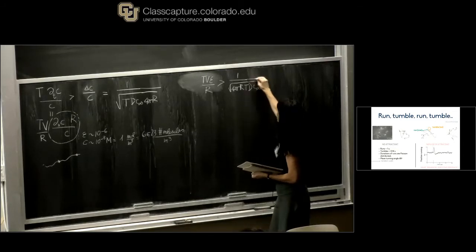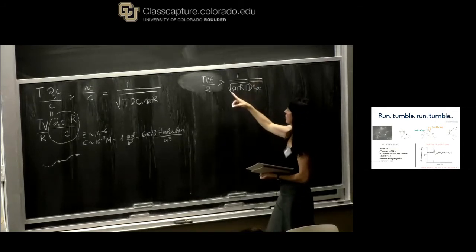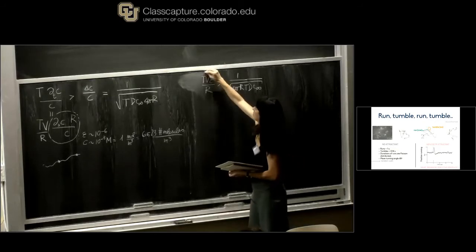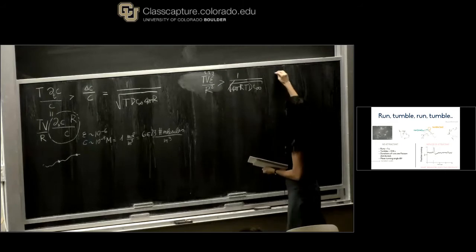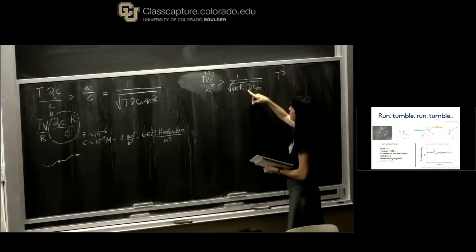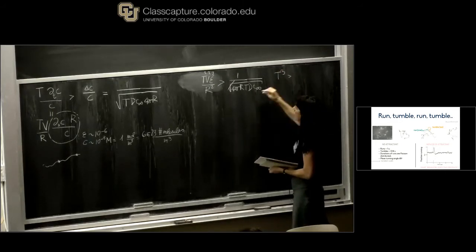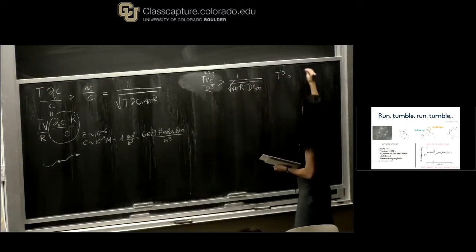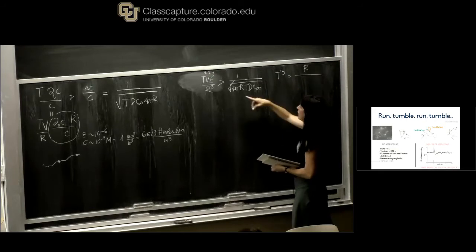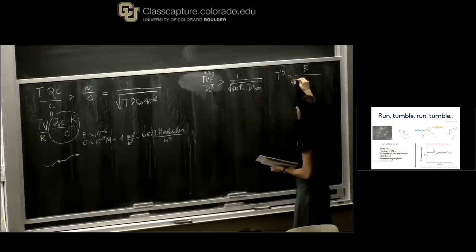Okay. So now if you work this out, you square this and you square this, and you have that T cubed, because this goes on the other way, is larger than R squared divided by R. So I only have R here, and then I keep 4 pi.